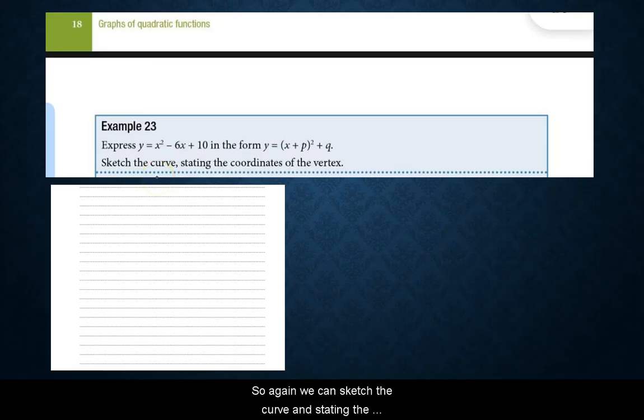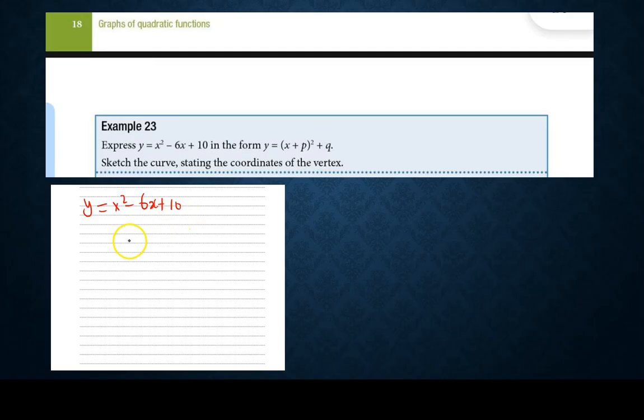Again, we can sketch the curve and state the coordinates of the vertex. Let's have our function x squared minus 6x plus 10 in the form (x plus p) squared plus q.